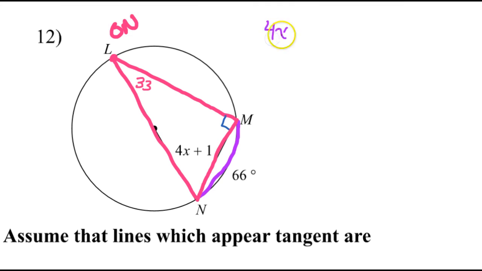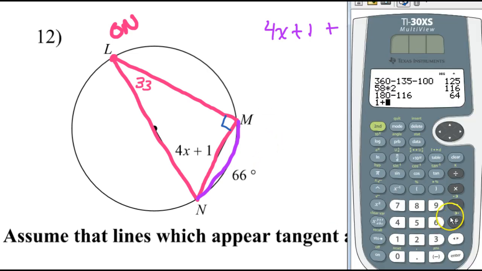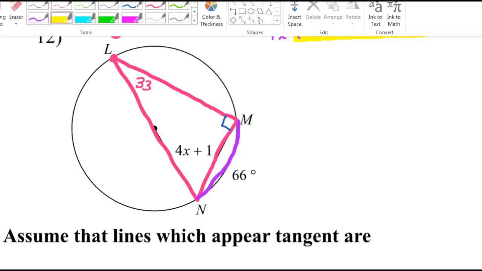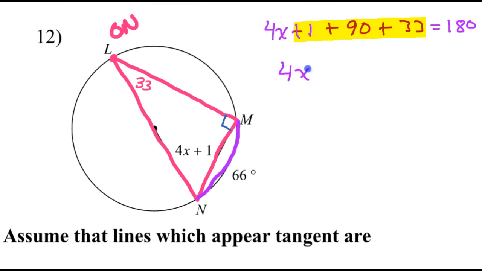So if I do 4x plus 1 plus 90 plus 33, that has to equal 180. So you can see that I have these three like terms right here. That's 124. So now I have 4x plus 124 is equal to 180.